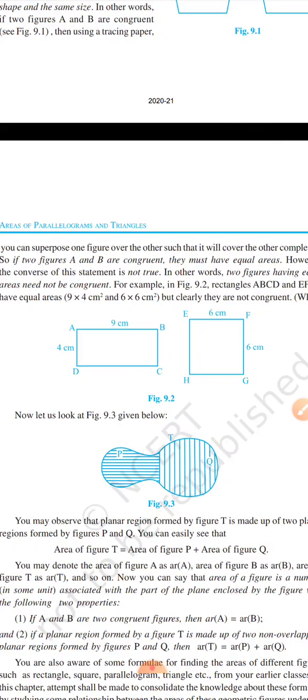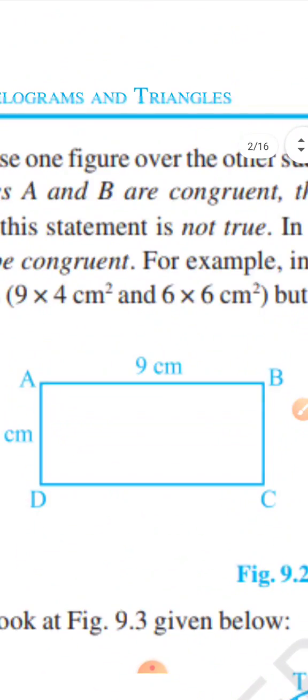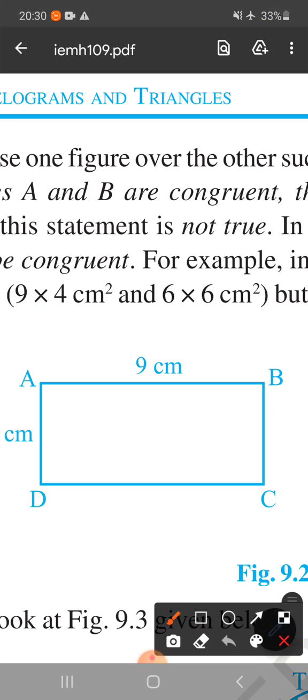Now the second thing, suppose that we are given a figure. Let us talk about this rectangle only, right? So if I draw a line which divides this rectangle into two parts, and let us name this point as E and this point as F, right?